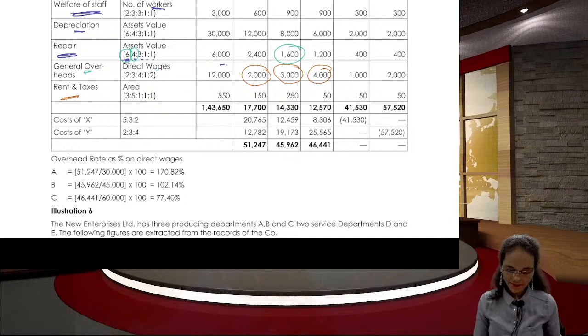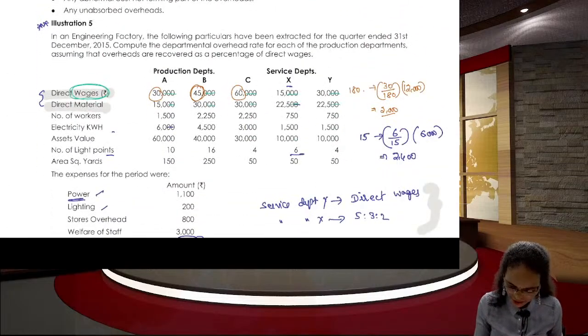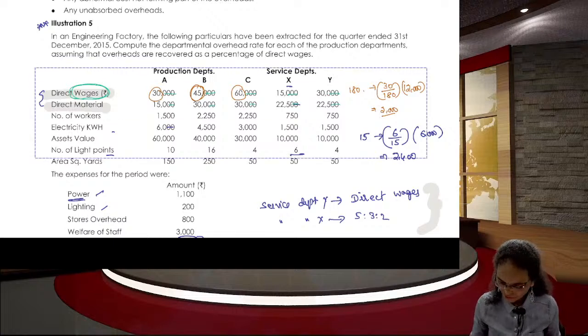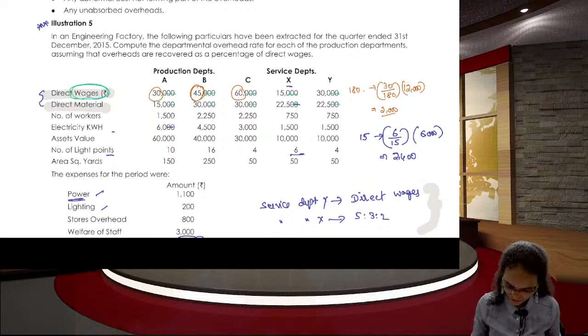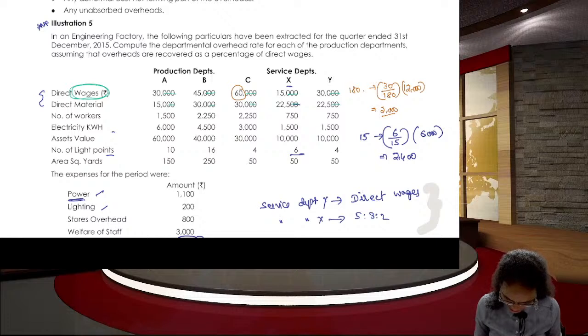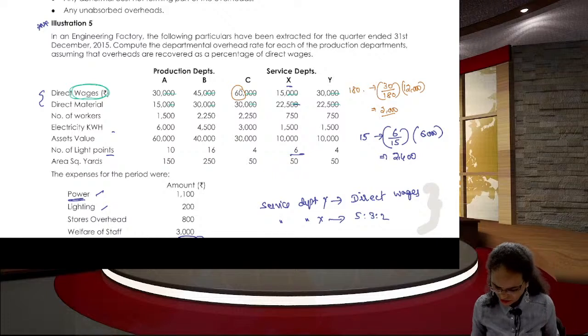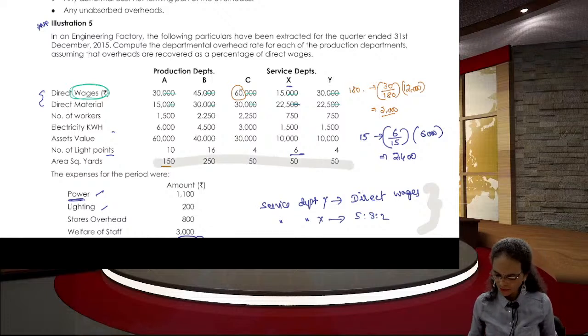So rent and taxes on the basis of the area. Come back here. What is the area information given? This is the area, SFT. Here only small numbers, you can take entire numbers. 150 plus 250 plus 50 plus 50 plus 50, that is 550.